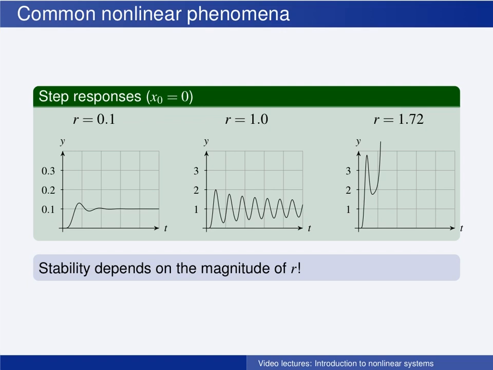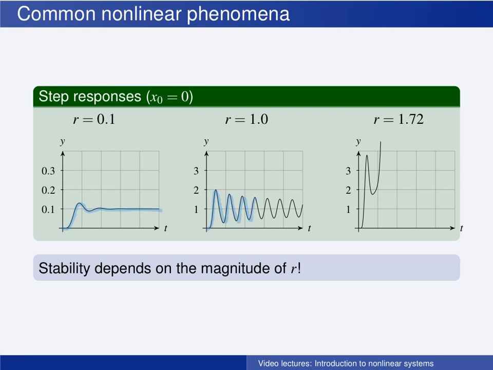We see that when the reference signal is 0.1, the system displays a nice asymptotically stable kind of behavior, and the system output converges to the reference value. This is a kind of behavior that we like to see in our control systems. When we increase the reference signal to 1, however, the system starts to display a quite oscillatory behavior.